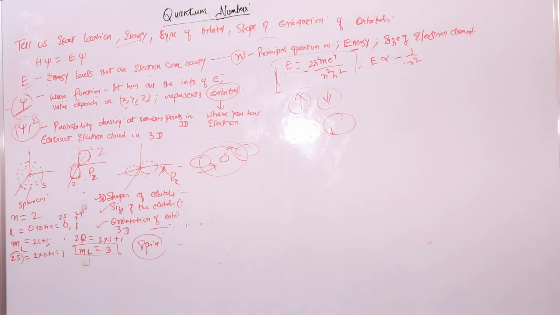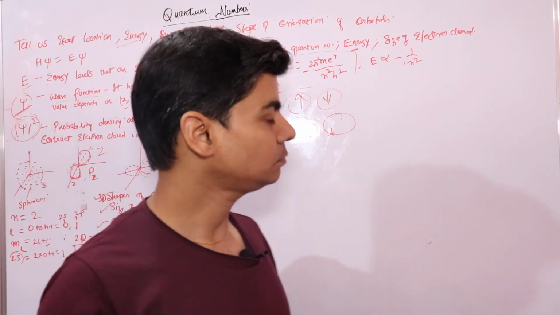The ml value will tell you the orientation of the orbital, the l value will tell us the shapes of orbitals, and n will tell you the principal energy level at which the electron resides. Just remember that the spin angular momentum of the electron can have 2 orientations relative to any axis. Due to the spin, an electron can have 2 orientations. So I hope all this is clear to you. Thanks.